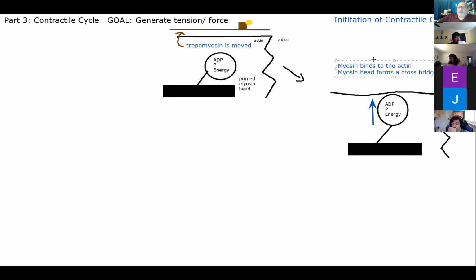With those regulatory proteins, and again, we should emphasize it, our primed myosin head binds to the actin, forming that crossbridge. And once it forms that crossbridge, our myosin head is finally going to be able to release the energy.